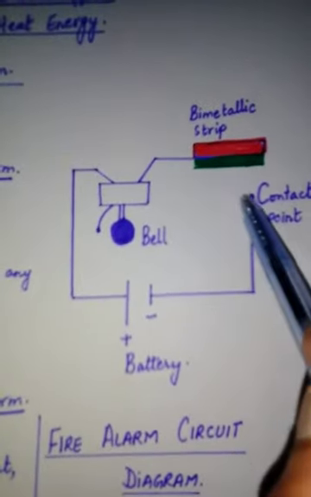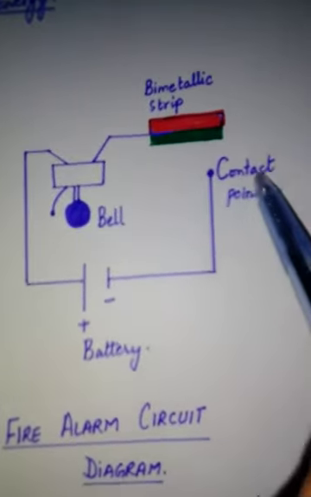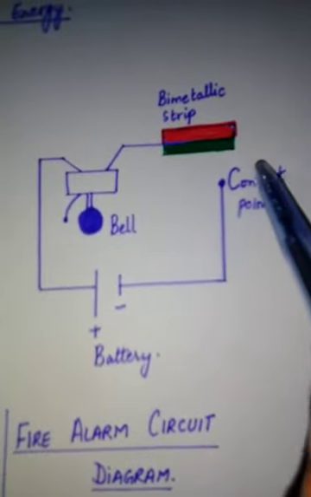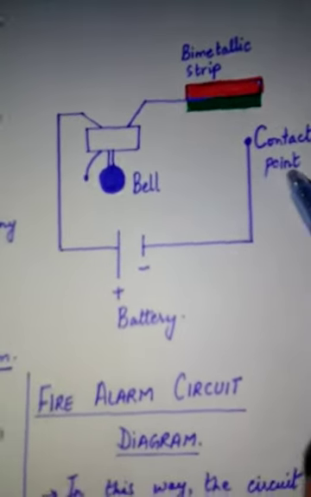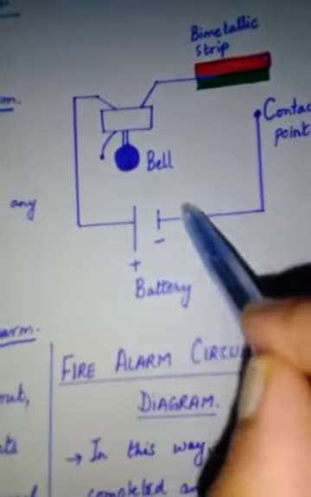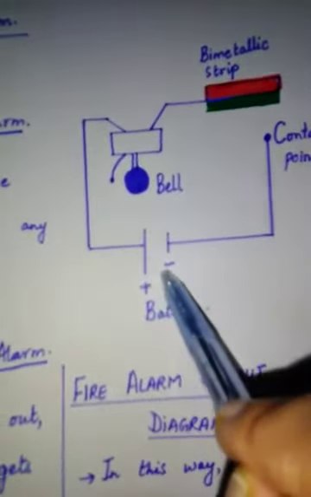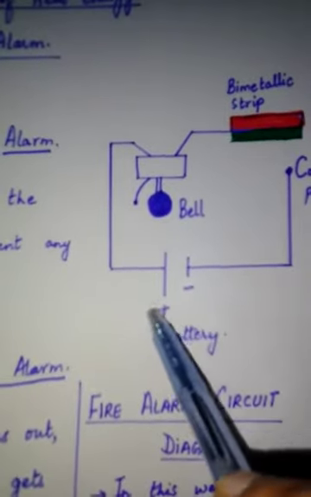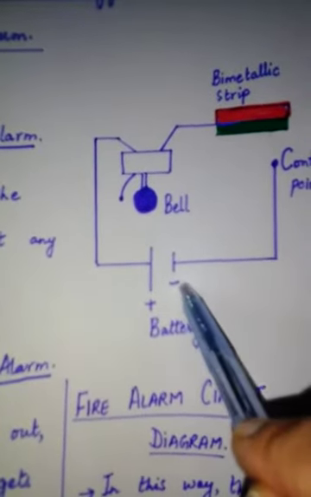Once it bends, it touches the contact point of the battery. Now, this contact point in this circuit, students, you see, is basically connected with the battery. And battery in itself in this circuit is shown with the positive and the negative terminal.